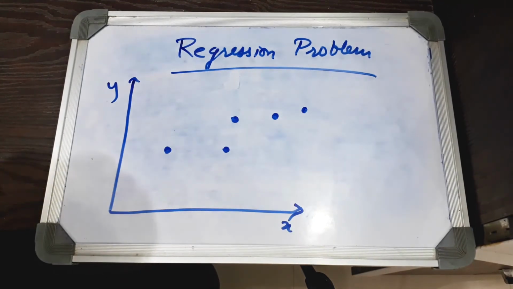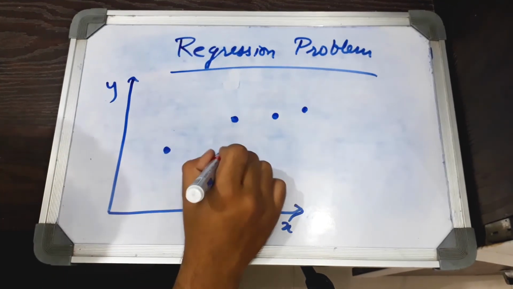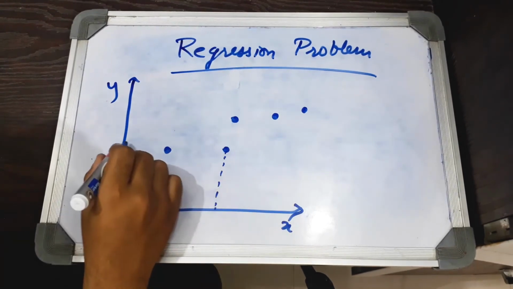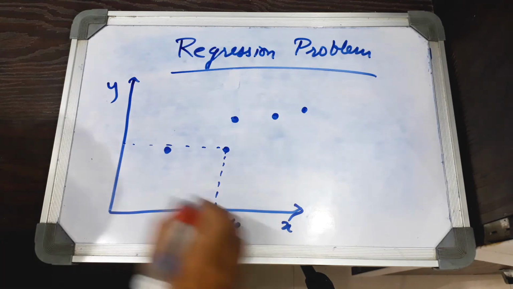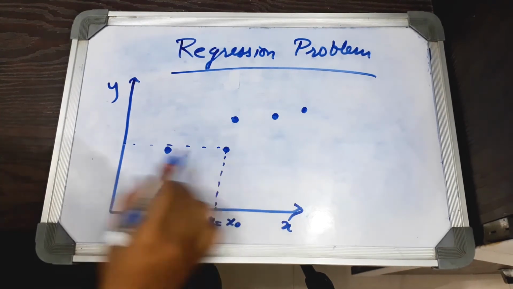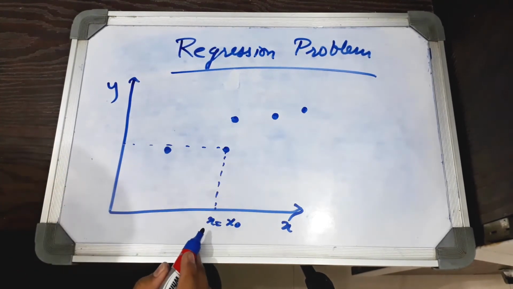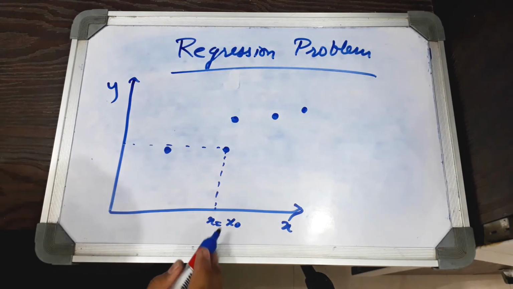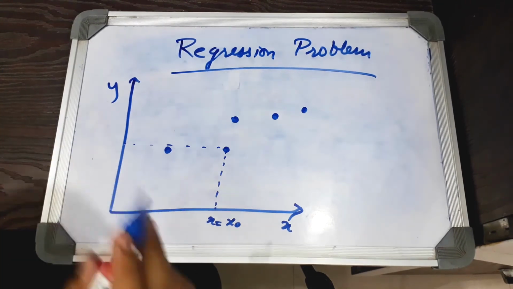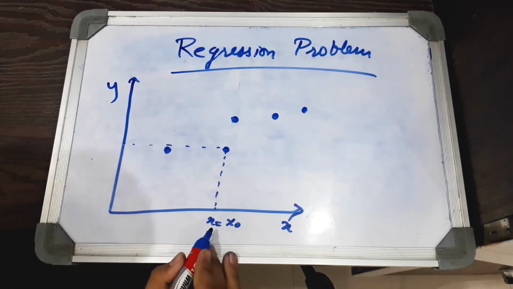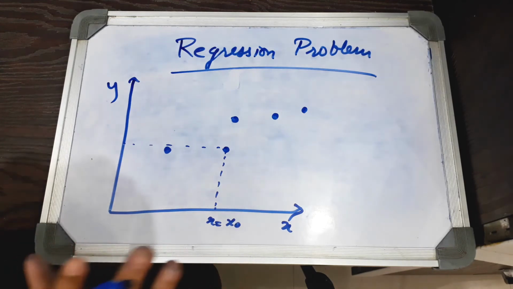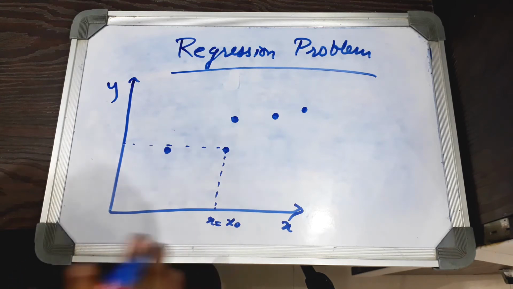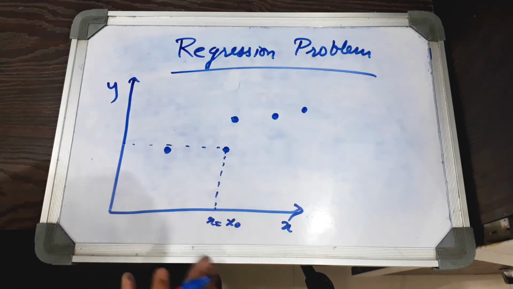Now I want to know, what is the y coordinate for x equals x naught? What the computer will do, computers are very good at remembering the data, right. You just have to store it in storage space or in a database, and that's it.